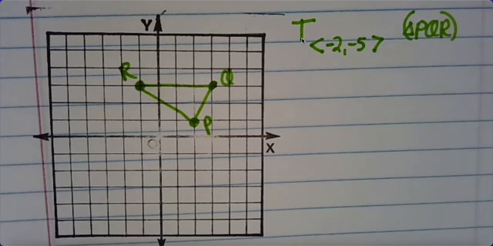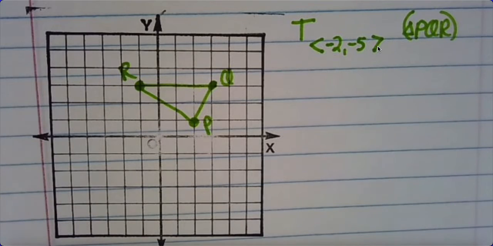I know you will see some of this on the EOC, possibly ACT, but this means you're going to transform it. And they tell you where to move it. This is an X value, and this is a what? Y value. That means this goes left and right, and this goes what? Up or down. Now, they want you to name the vertices and then show the transformation.